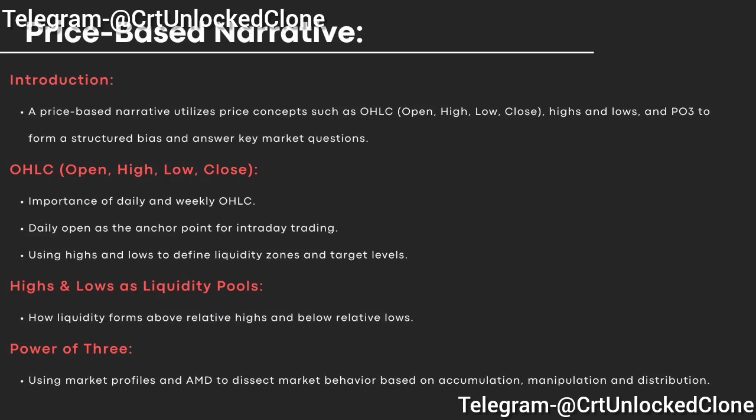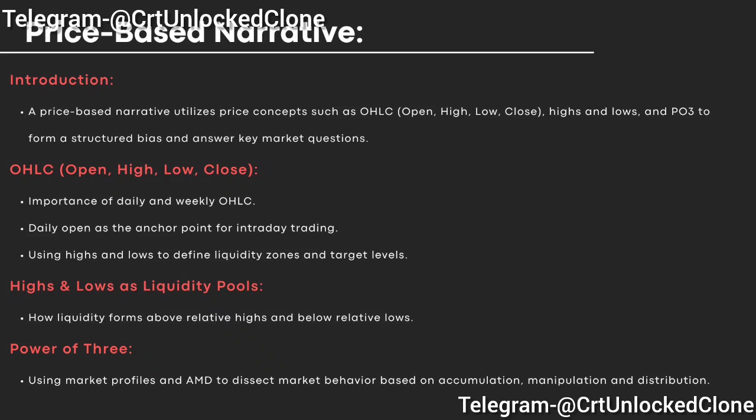Now, the way this concept fits the narrative is because we know that price often manipulates these highs and lows before making the actual real expansion and range expansion. For example, if price sweeps a daily high during the London kill zone and then sharply reverses, then it's a sign that liquidity has been grabbed and the market is ready to move in the opposite direction.